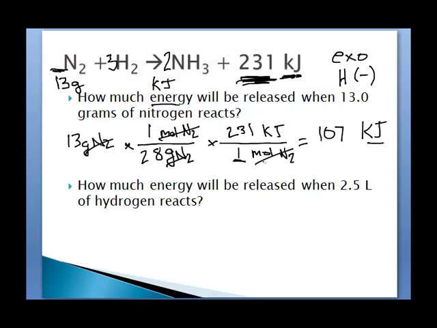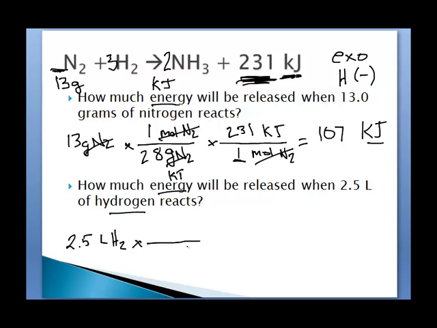Now there's another way to do this, and I'll illustrate that in the next example of how you would do this dimensional analysis. So again, the next problem says how much energy, so again we're going to solve for kilojoules, will be released when 2.5 liters of hydrogen reacts. So this time we're going to start with 2.5 liters of hydrogen, and again it's a diatomic.